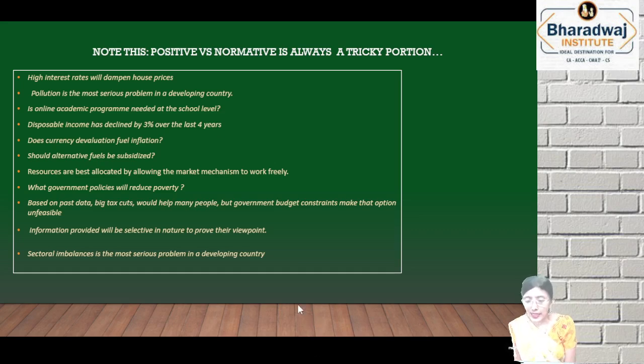Okay, so I think I have read all these sentences. We have to do the last two sentences. Information provided will be selective in nature to prove their viewpoint. Sectoral imbalances is the most serious problem in a developing country.